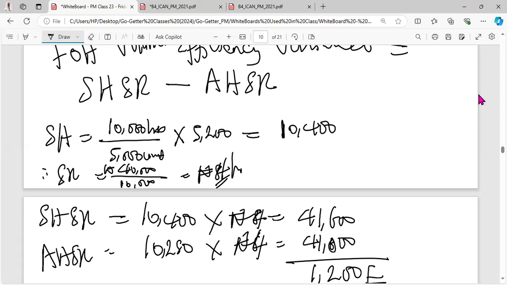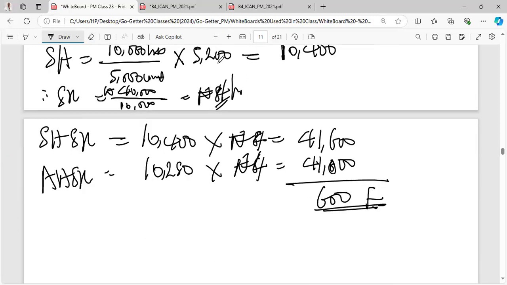So it is 600 favorable. You need to be extremely careful. Just as easy as it is to get the marks in variance, it's also easy to mix it up and fail a particular question, but it's not too material.